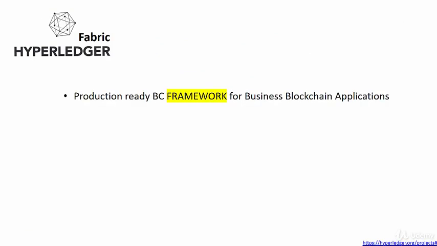Let's go back to what is Fabric. Fabric is a production-ready blockchain framework for creating business blockchain application. Framework here refers to the fact that Hyperledger is not a ready platform like, for example, an RDBMS database such as Oracle or web server such as Apache, which can be installed and used out of the box. Rather, Fabric is a framework that provides a set of infrastructure and application building blocks.